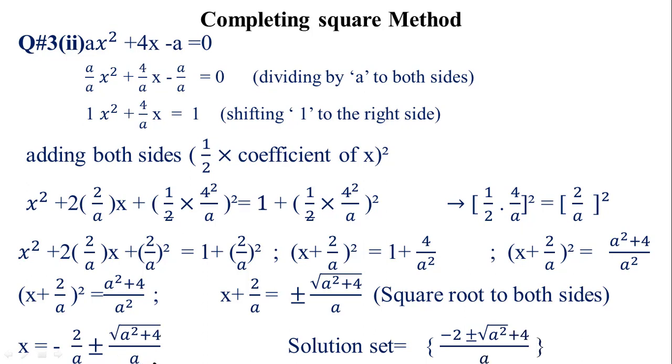Here both terms have the same LCM, a, so we arrange it in this form and write the solution set: (-2 ± √(a² + 4))/a. Now we can move to the next question.